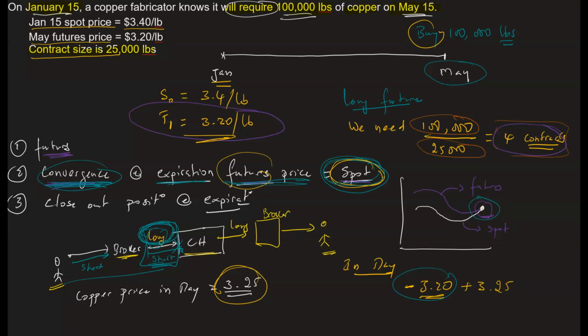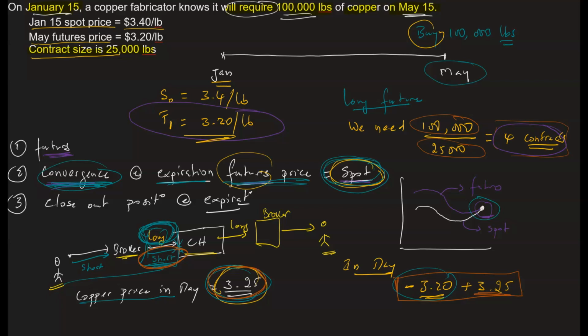So that is going to be $3.25. That's why I'm adding $3.25 here, because I am selling copper short in May for $3.25. What this does is it closes out my position in the futures market.